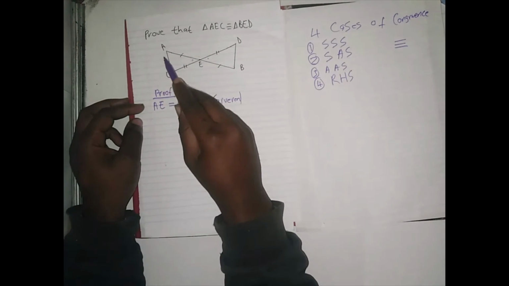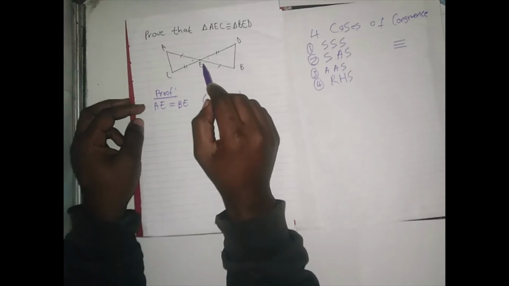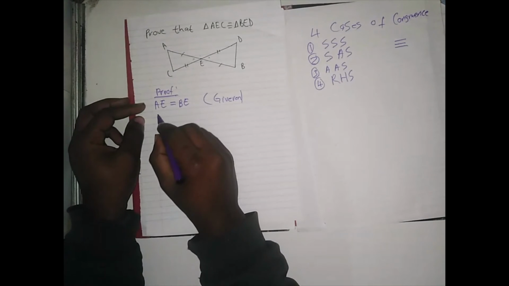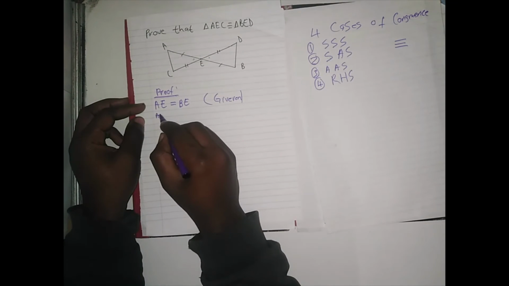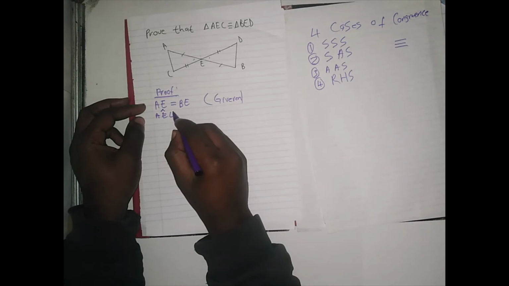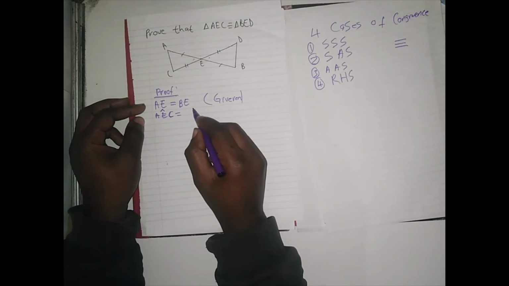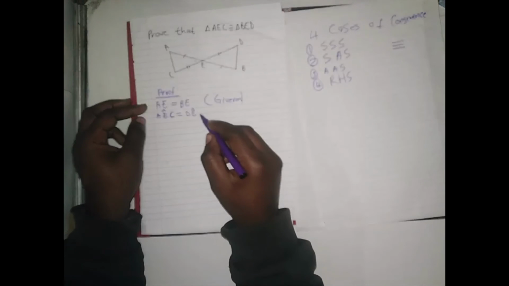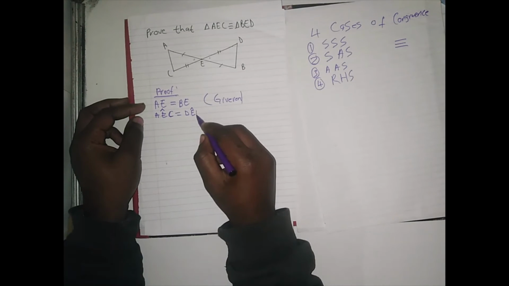So for example, this one comes from A. Can you see it's A, and then the apex is at E, and then where it ends is at C. So you then say A, E, but now because the apex is at E, you must put a hat on E. Angle AEC. Can you see that? Now this is equal to angle what? Angle DE, but because the apex is at E, it's DEB.